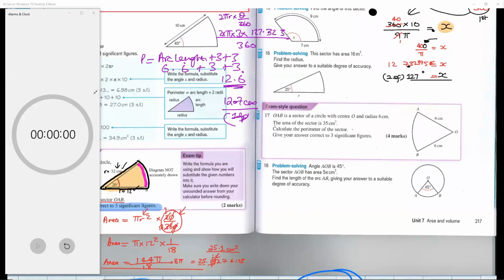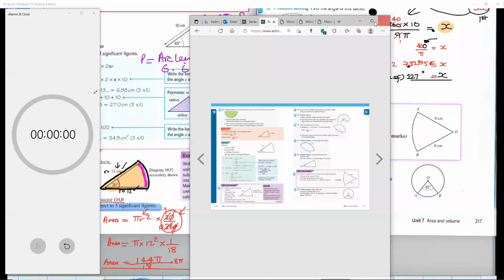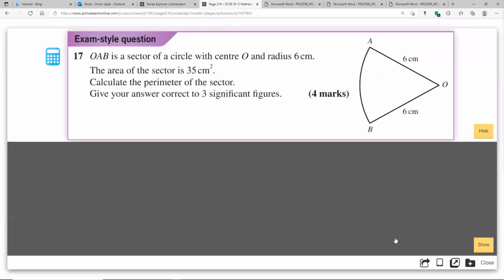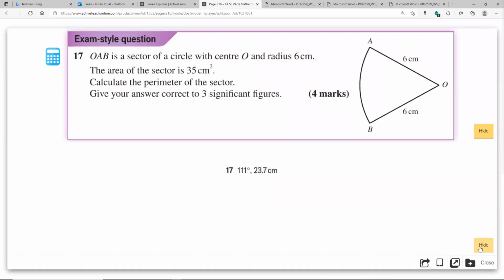Okay, we're going to give you some answers for you to check and then tell me how well you've done. So, question number 17. The perimeter is 23.7, and the angle that you should have got in the first part of the calculation is 111.0408.